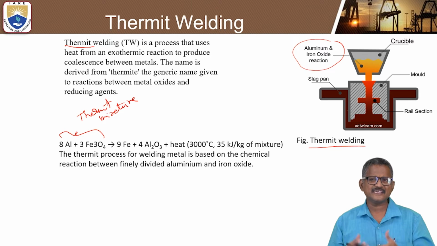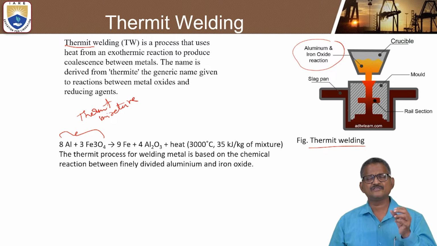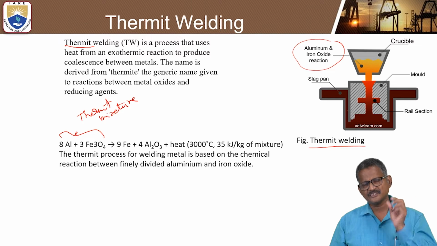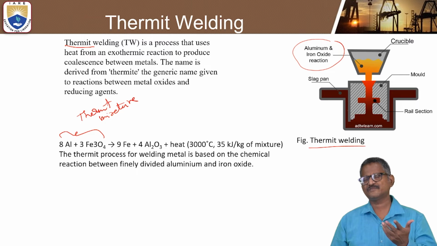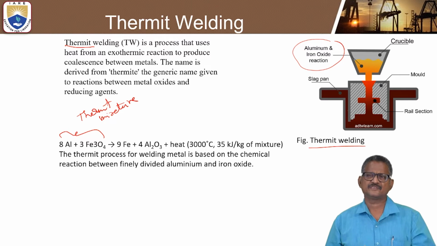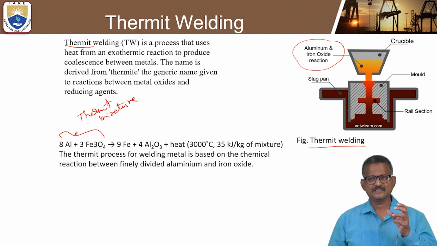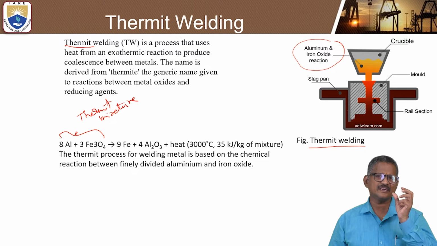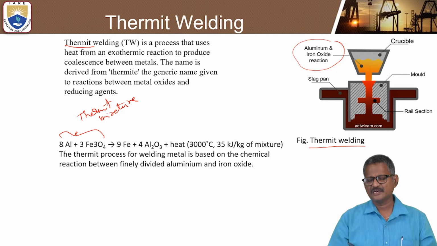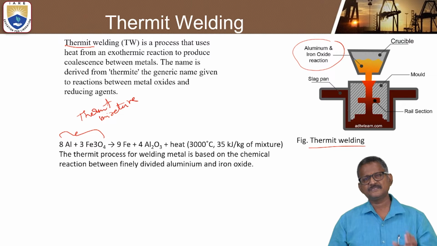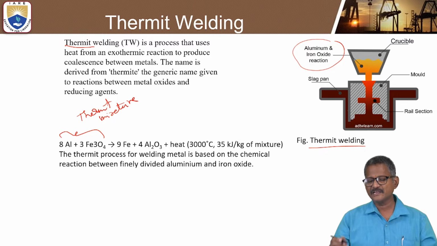That is the exothermic reaction that takes place at around 3000 degrees centigrade, which is obviously double the melting point of those metals. So here the thermite mixture gives 35 kilojoule per kg of mixture in this welding process. And especially the thermite process for welding metal is based on the chemical reaction.